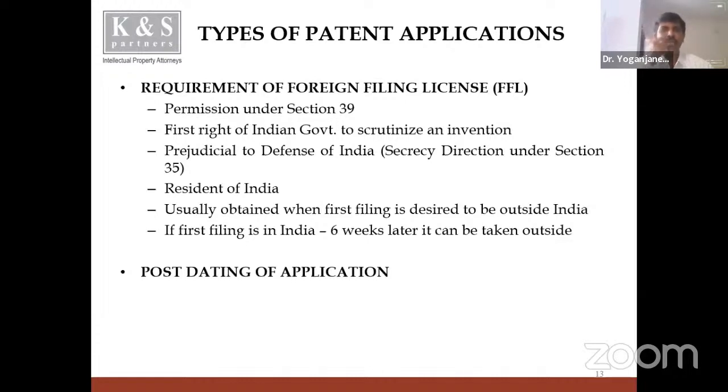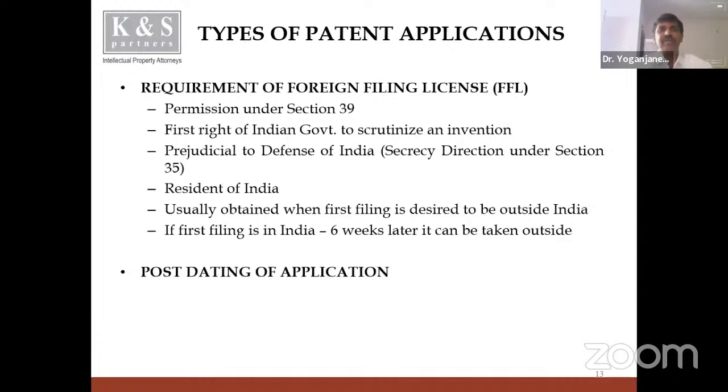In that scenario, foreign filing licensing is one route where the applicant can request the Government of India, saying that he wants to file his application outside India. When he makes such an application, within 6 weeks from the date of filing of such application for foreign filing licensing, the Indian government will give approval to go ahead.